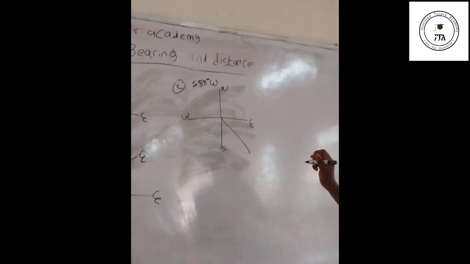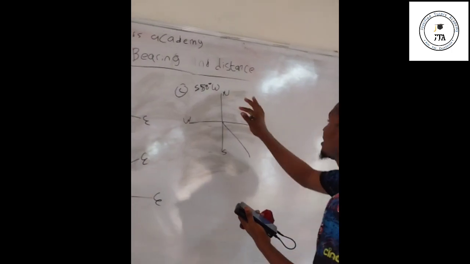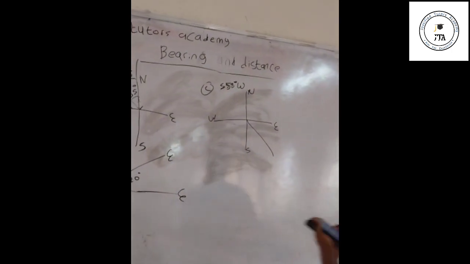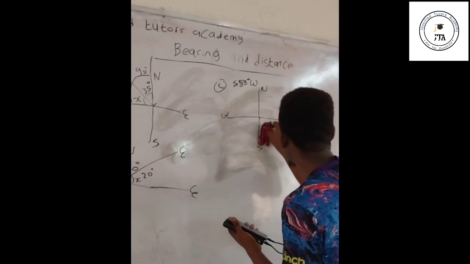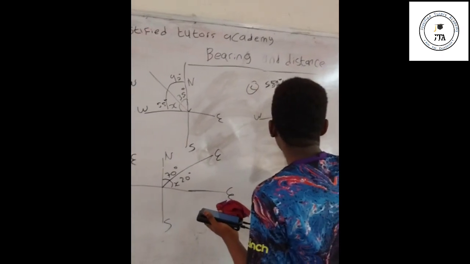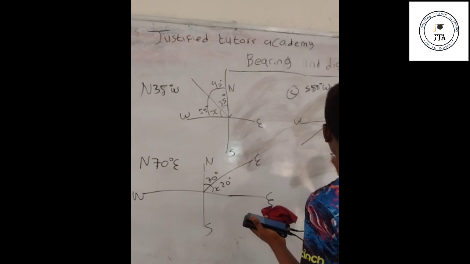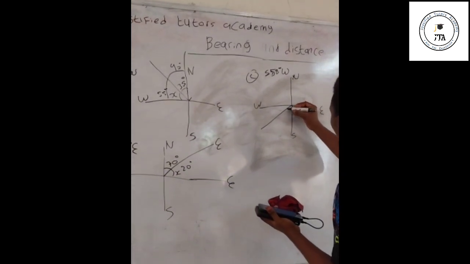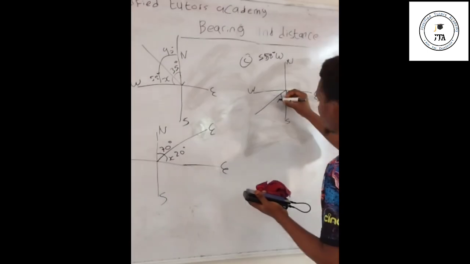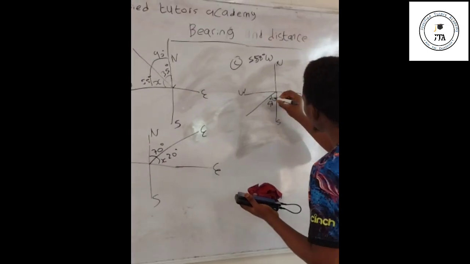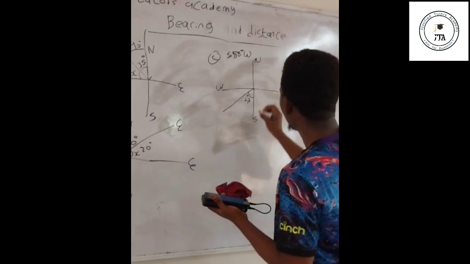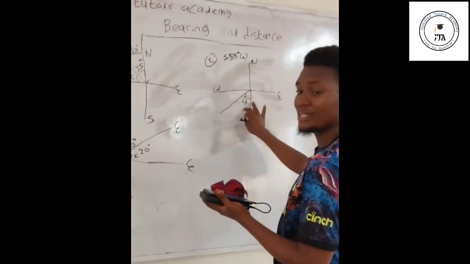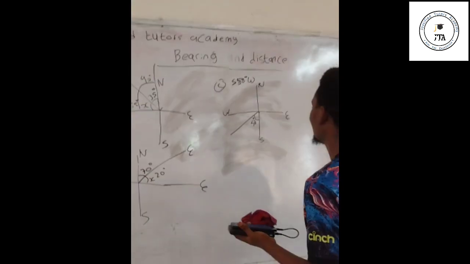Sorry, it says south 58° west, that's the western region, not the eastern side. So it will be at this point here. So it's south 58° west. So that's the answer.